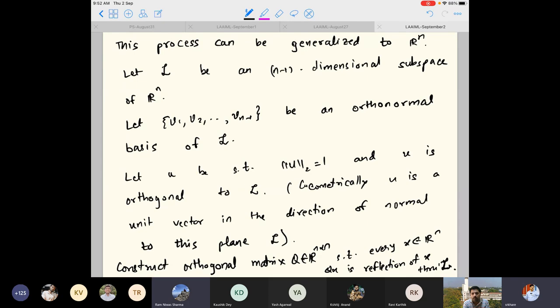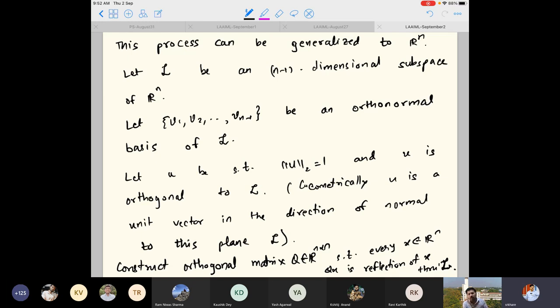Sir, why do we need orthonormal basis of L? Huh? Why do we need orthonormal basis of L, V1, V2? Yeah, we really do not need orthonormal basis of L. You can start with any basis. The condition that U is orthogonal to L is enough, and I want norm of U to be equal to 1. Okay, so norm of U equal to 1 is really very important.